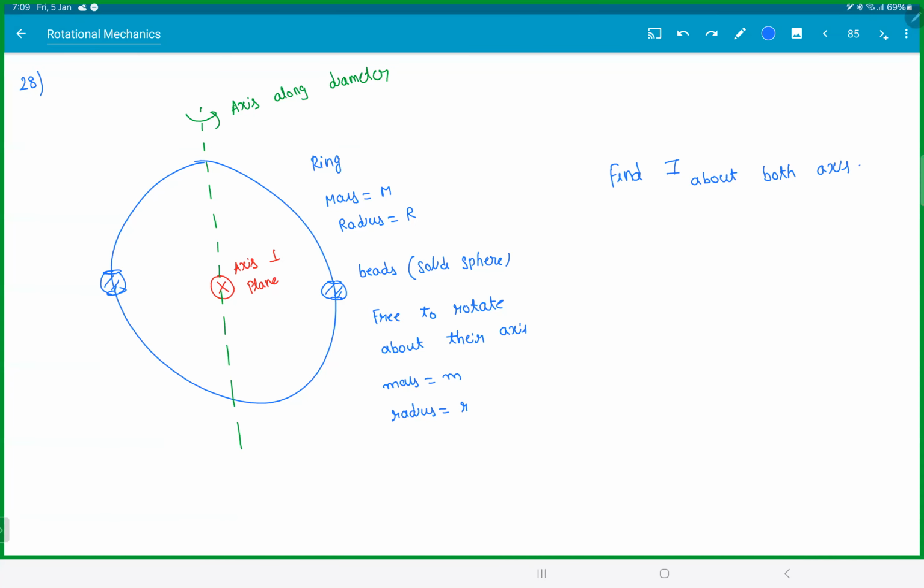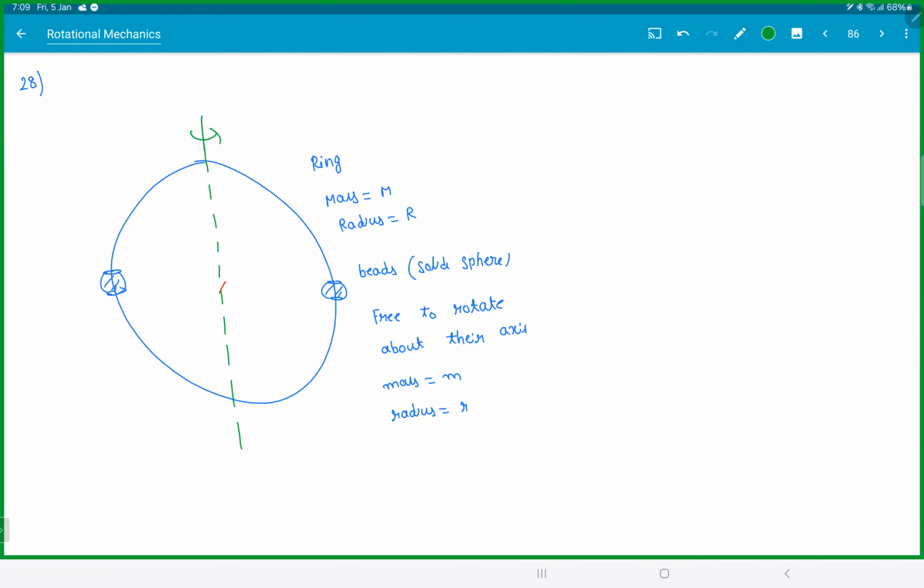Okay, no. Look at the first one. First, look at the green line. Green line is easy actually.